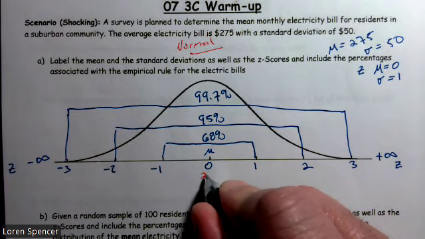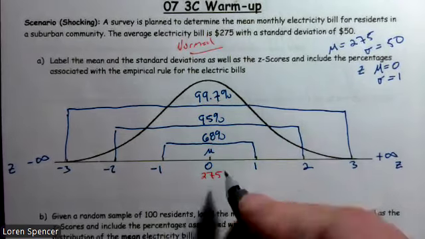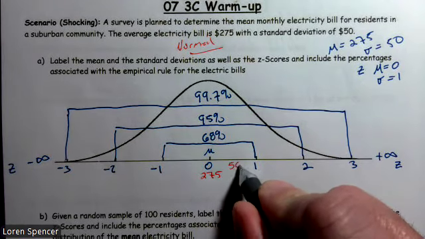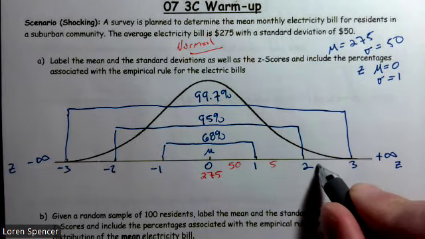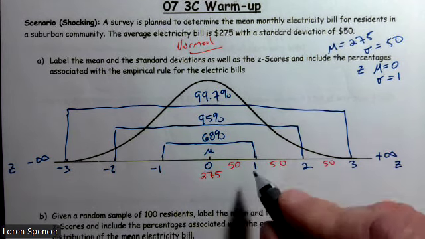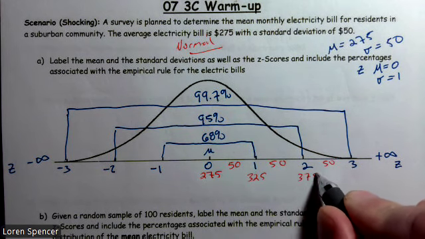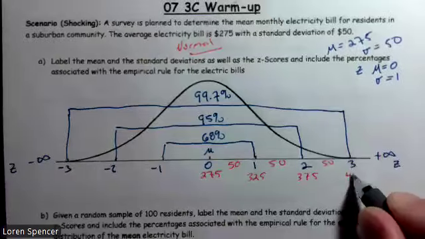So the mean is 275, and it has a standard deviation of 50. So if I add 50 to this, I get 325. Add 50 more, I get to 375. Add 50 more, I get up to 425.